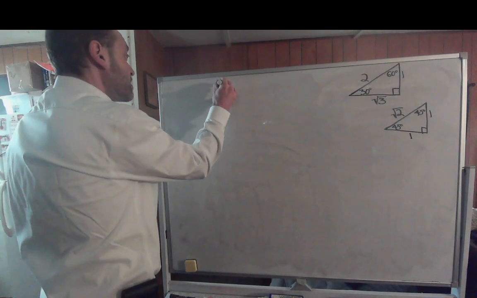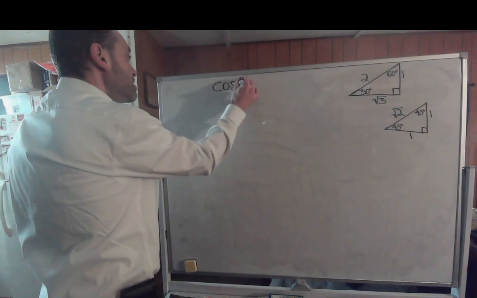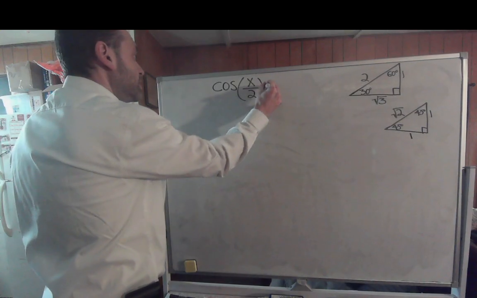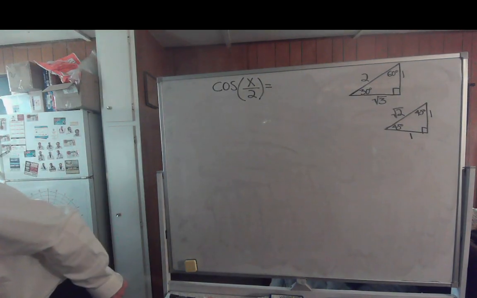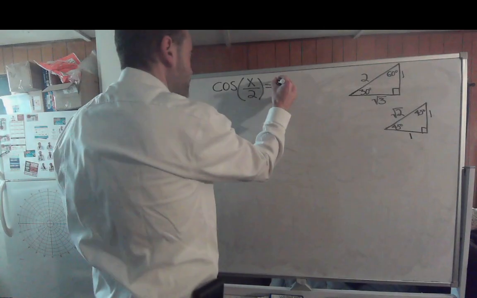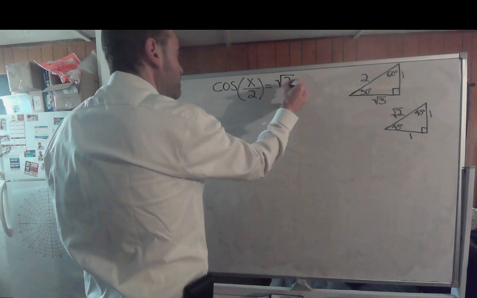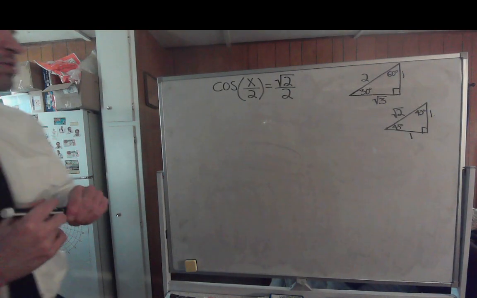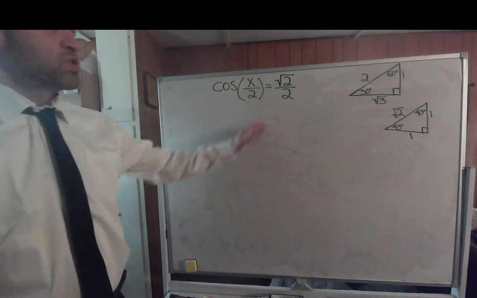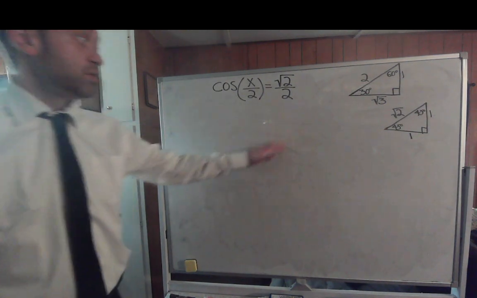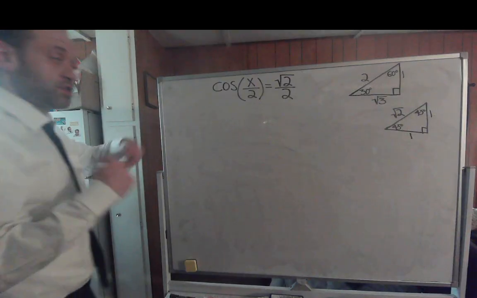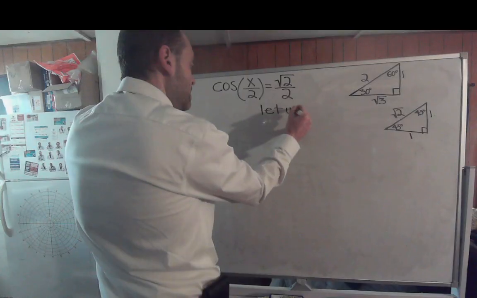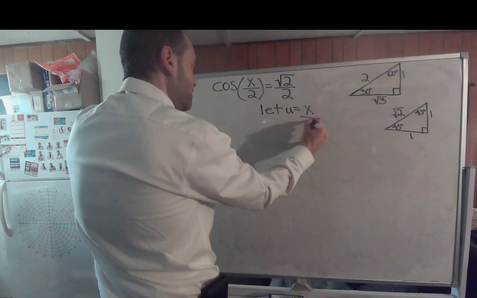We have the cosine of the quantity of x over 2 is going to be equal to the square root of 2 over 2. So the cosine of x over 2 equals the square root of 2 over 2. Well, we can turn that x over 2 temporarily into u. So we'll let u equal x over 2.